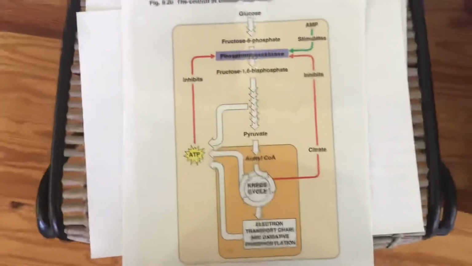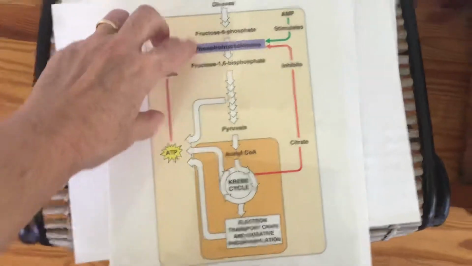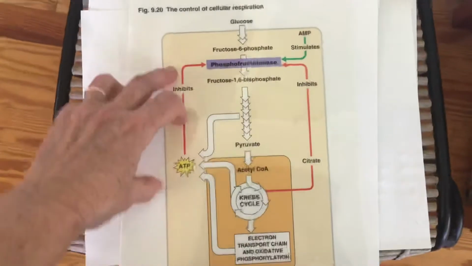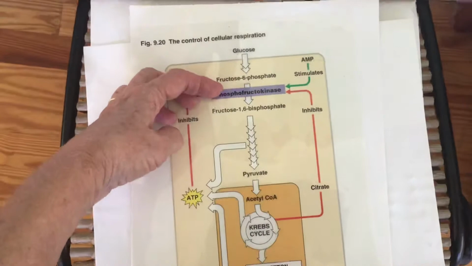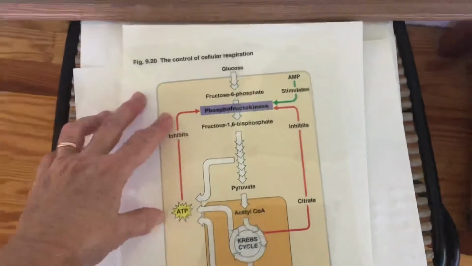This next one is about the negative feedback loop that occurs in the process, where the outcome, which is ATP, is going to inhibit an enzyme at the beginning of the process and turn the process off. You might remember that we talked about this before.